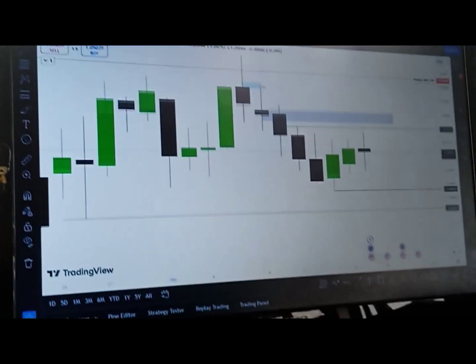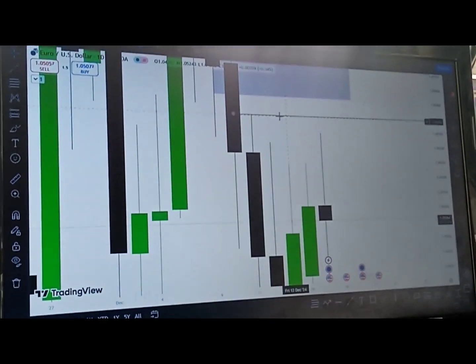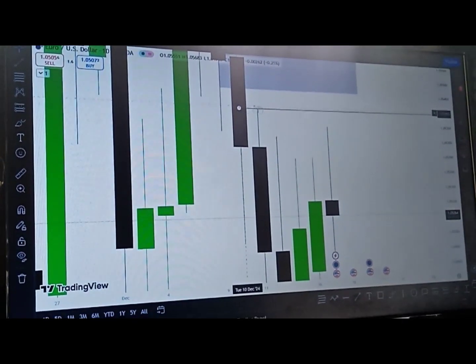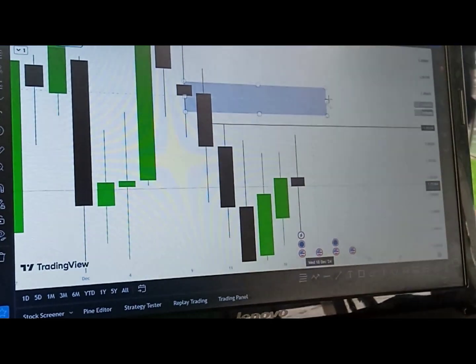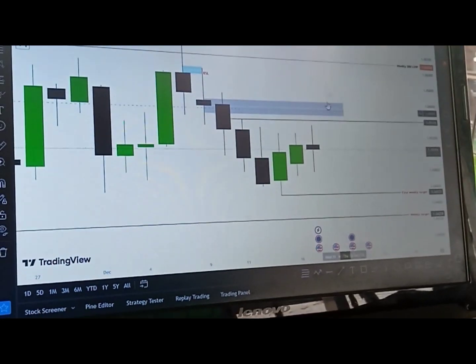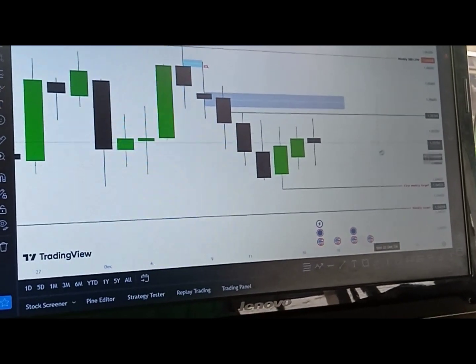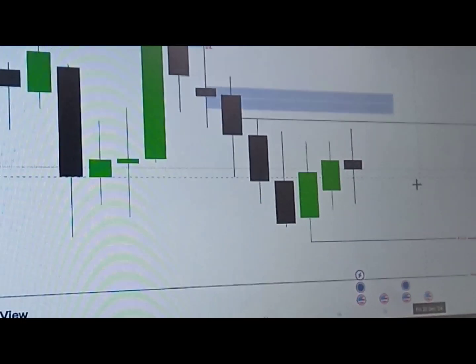I'm expecting it to take out this, as you can see, this BSL, that is buy side liquidity, and then reverse from this. There's one particular PD array I saw. I think it's an NWOG or NDOG there, but I've forgotten.